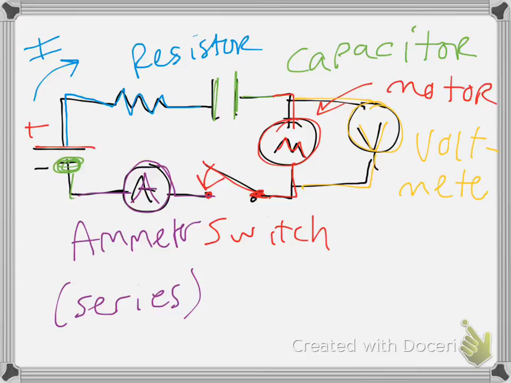Voltmeter measures voltage, and it's in parallel. Again, more on voltmeter and ammeter theory later. But these are the common symbols that you'll see in schematics, and you need to know what they are and what they do. So while we're on that note, let's talk about voltmeter and ammeter theory.